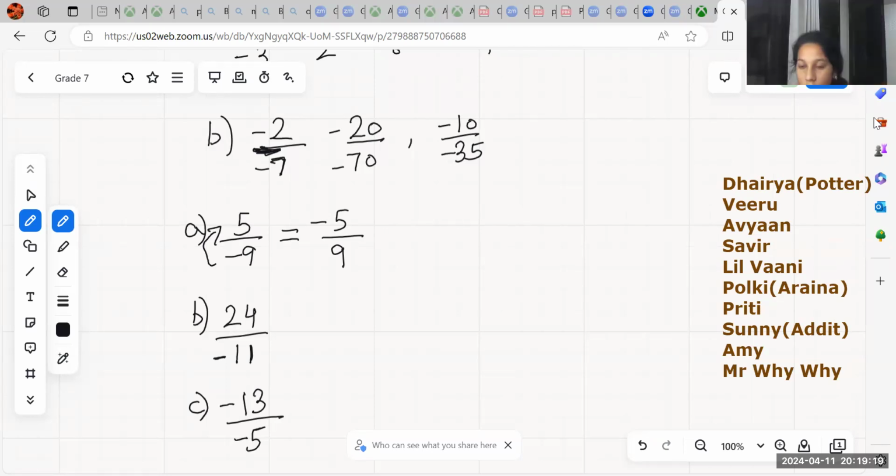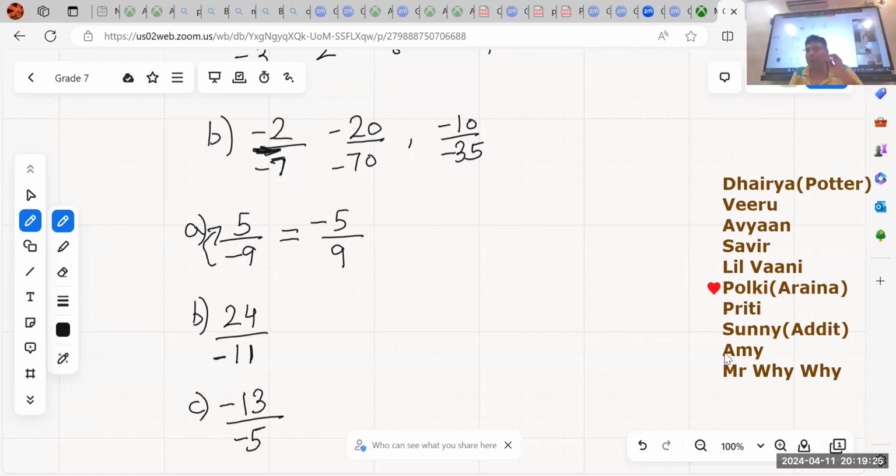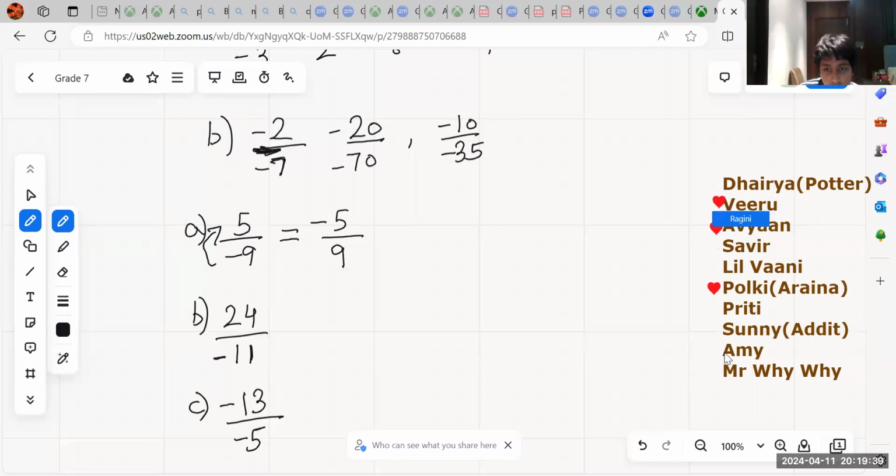Sir, because the denominator of the fraction can never be... No, beta, you are talking about fractions. In rational numbers, the denominator can be negative, and in fractions, nothing can be negative, neither the numerator nor the denominator. Sir, we multiply by something.